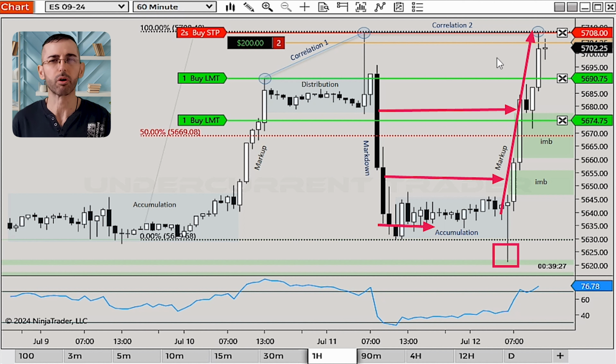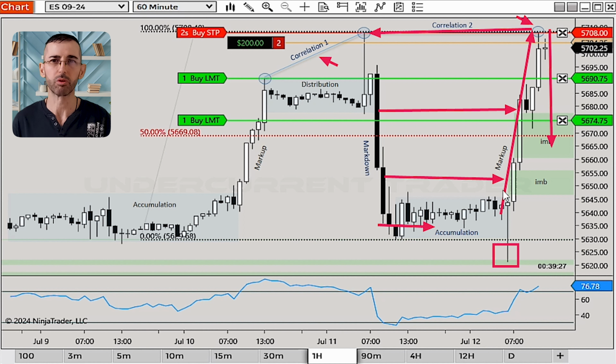Now, although the correlation between these two moves isn't as pronounced as the first, it still qualifies, in my view, as a buy rate move, which is a clear market maker footprint and a solid bearish sign.